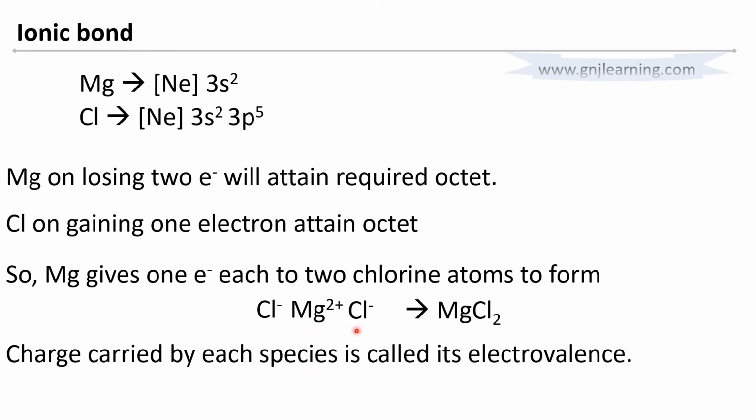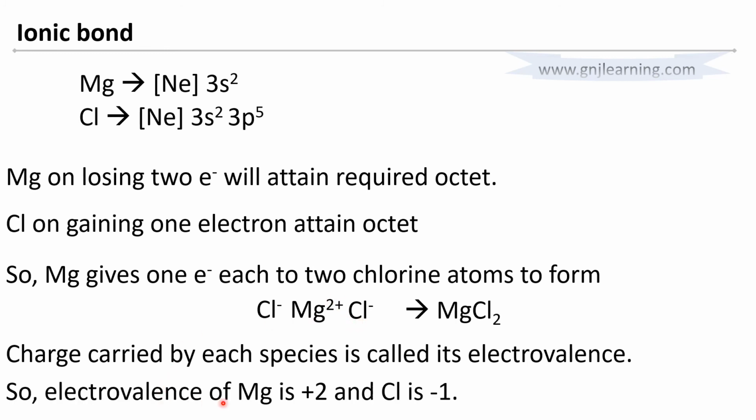There are 2 types of species. One is magnesium and the other one is chloride. So the electrovalence of magnesium is +2, and the electrovalence of chloride is -1. In order to compensate +2, there are 2 such chlorides, but the electrovalence of chloride is -1.